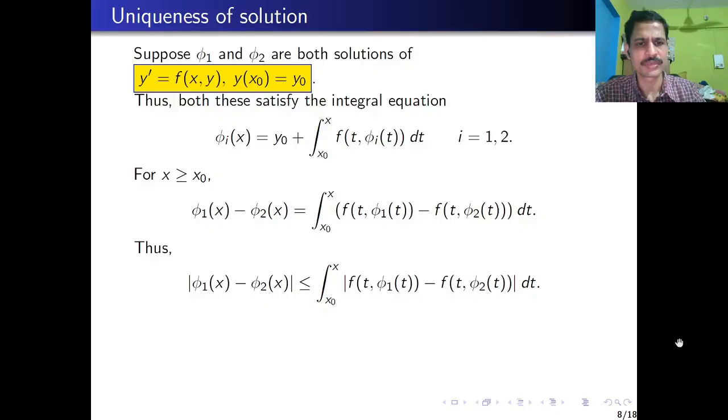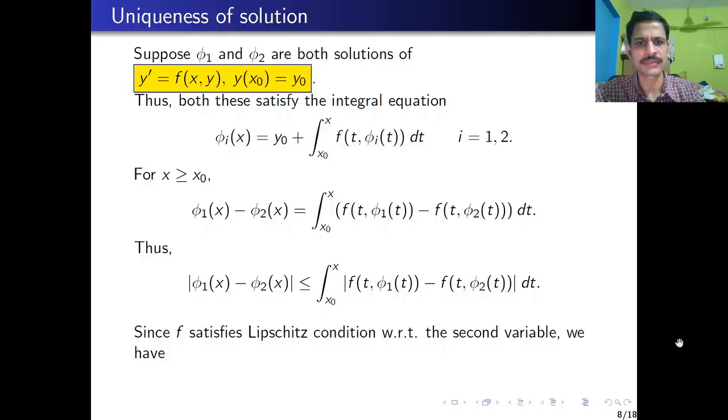So the modulus of phi1x minus phi2x is less than or equal to integral x naught to x of modulus of f of t comma phi1 t minus f of t comma phi2 t dt. Here we know that our f satisfies the Lipschitz condition with respect to the second variable.